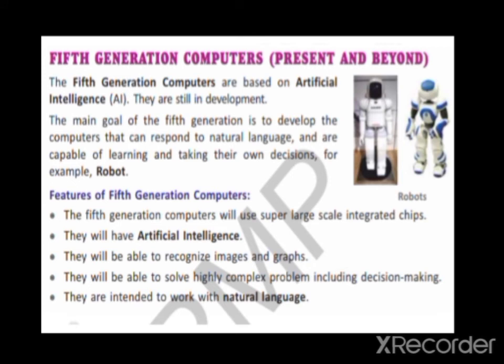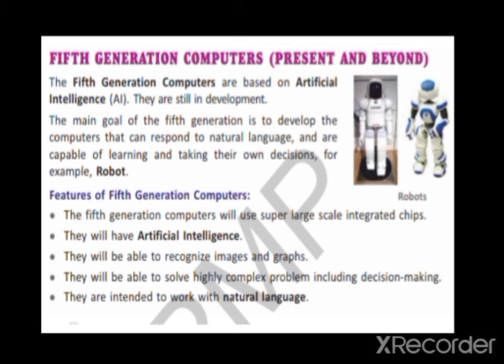These are based on artificial intelligence, which nowadays we are using in our school also, like robots and all. What is the difference between fourth generation and fifth generation computers? There, people try to do some betterment, so that people can put that type of chip in the robot, so that they can also take their own decisions.